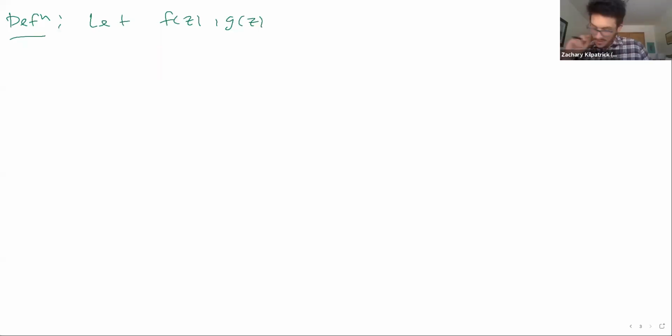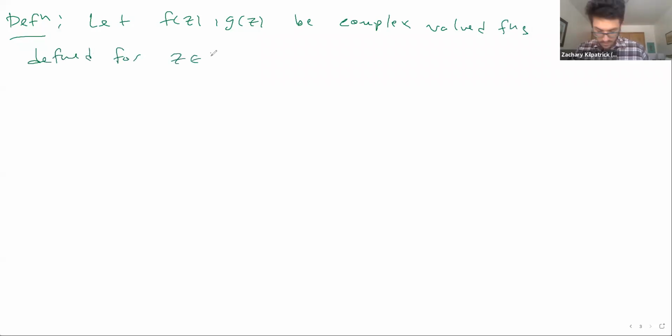All right. So let f(z) and g(z) be complex valued functions, defined for z living in some domain D, which is a subset of the complex numbers.